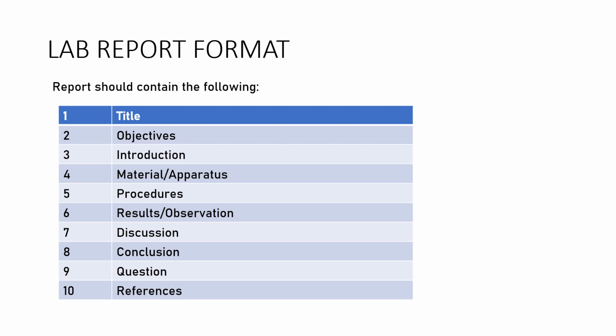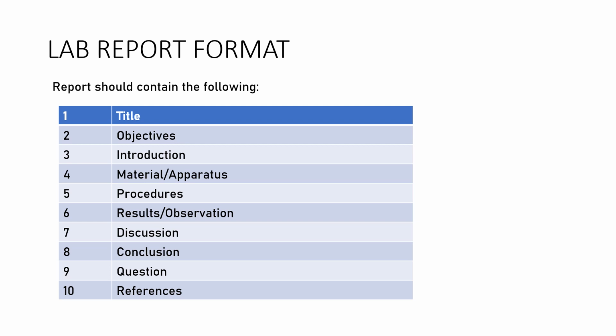Title, objective, introduction, material and apparatus, and procedures, all of these you can get from your practical e-book booklet. I have already uploaded the e-book in your Padlet, and also in your channel.